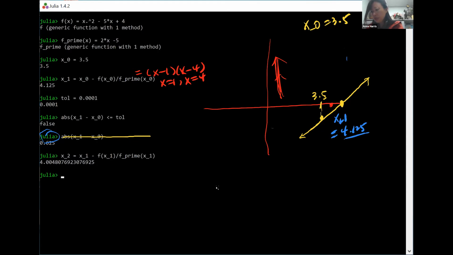I need to draw myself a graph first. Okay, so I'm going to draw a tangent. I'm going to draw a line that goes through this.